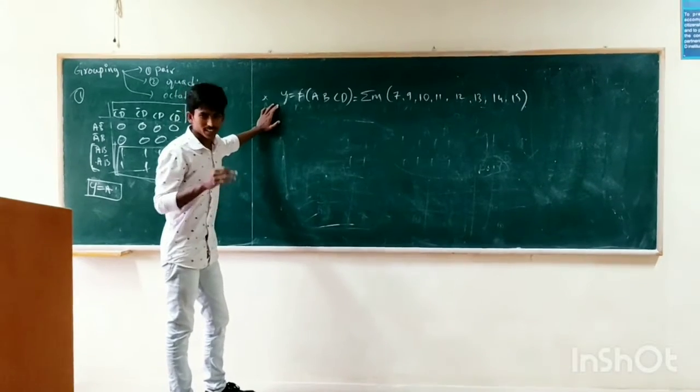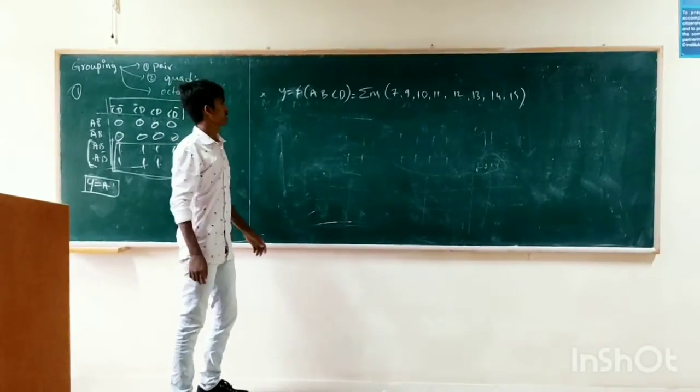So we want to write, first of all, the structure of a schema. We know the structure of a schema for 4 variables.